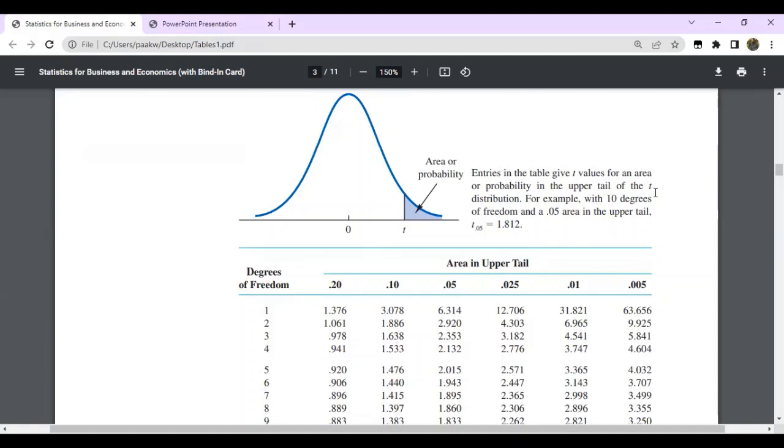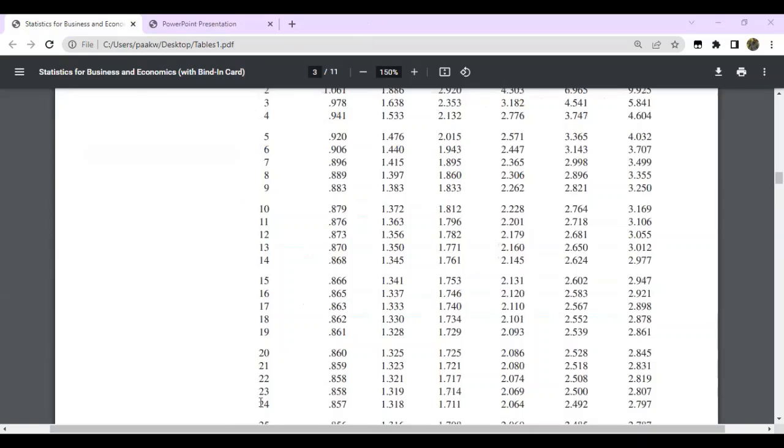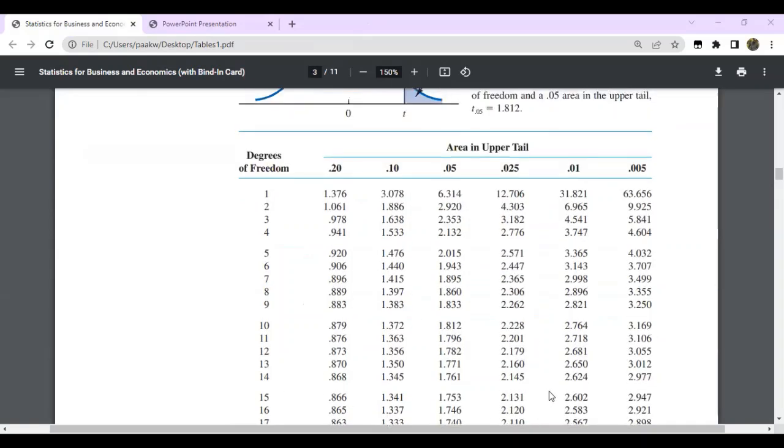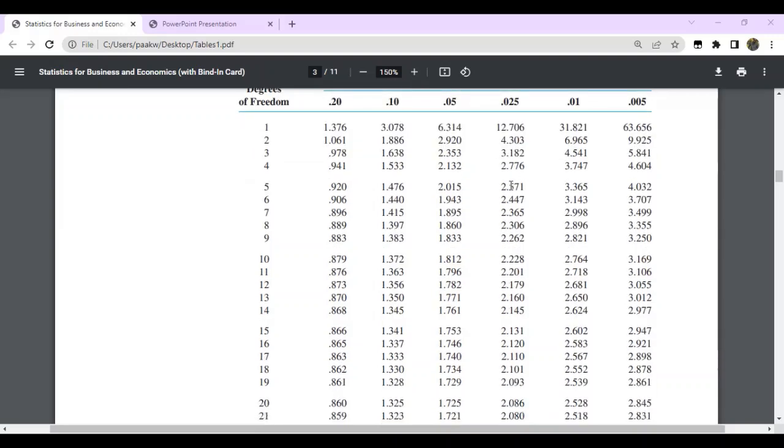For example, with 10 degrees of freedom and 0.05 area in the upper tail. You get it? So here we said our degrees of freedom is 24, and our alpha is 0.025 because we've divided alpha by 2.